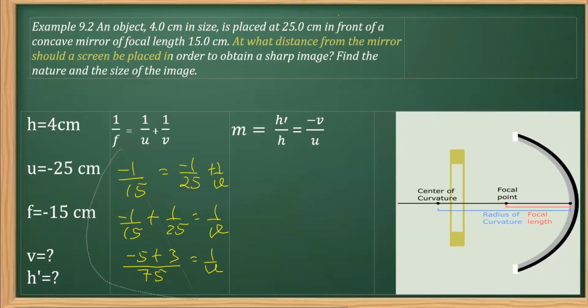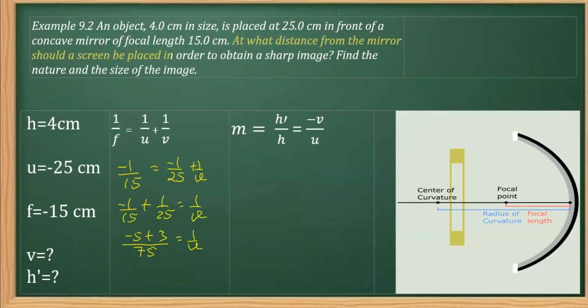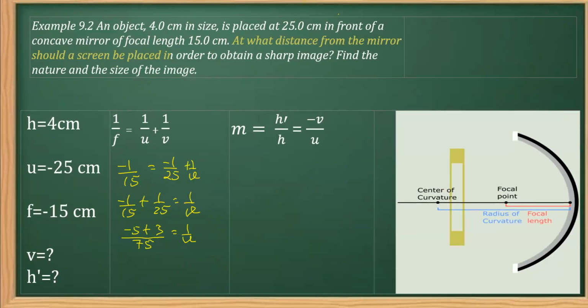Simplifying, that's minus 2 over 75 is equal to 1 over v. On reciprocating, v is equal to minus 75 over 2, which you can write as minus 37.5 centimeter. So we got the distance of the image.